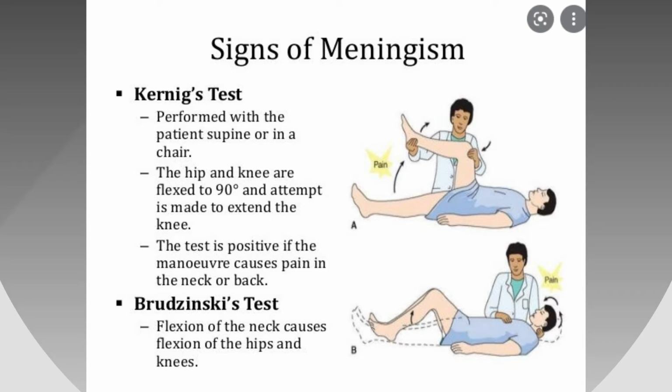And Brudzinski's is the opposite, in that you flex the neck and it causes flexion of the hips and the knees. Now, these were supposed to be very specific signs, but not sensitive, only present in 30 to 60% of patients found to have meningitis, and not very reliable.